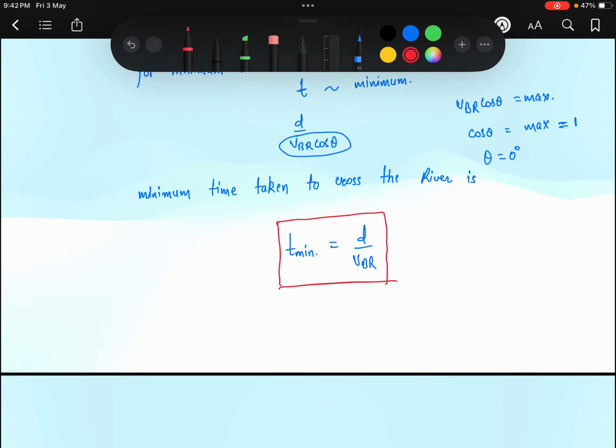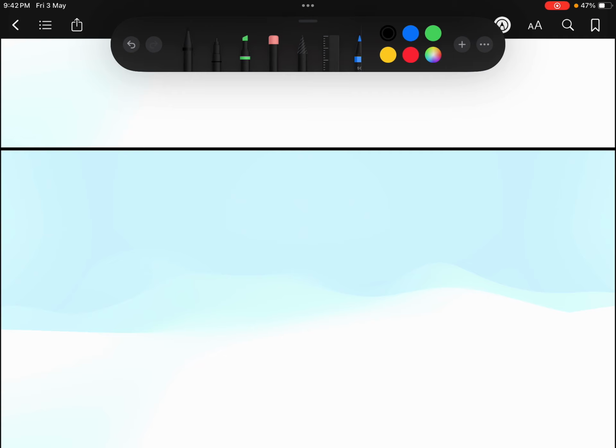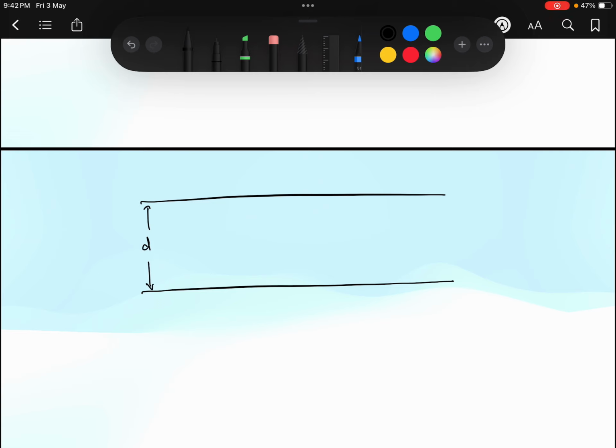One more important concept that we should remember here: this is our river, and the width of this river is d, and a boatman is there, here. Okay, so this is our boat. The river is flowing in this direction with the velocity VR.